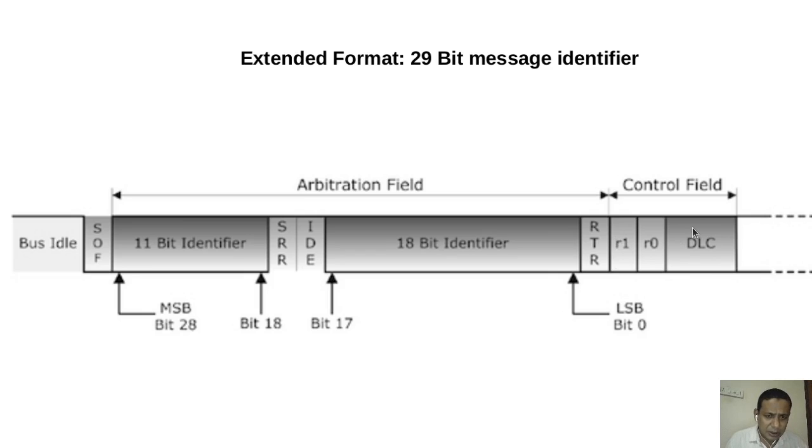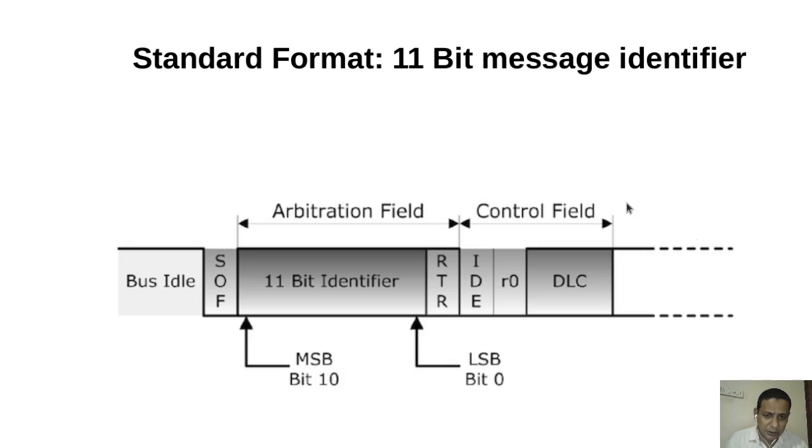And you see the control field of the standard frame format: DLC is there, R0, and here the IDE is there. This may change depending upon the value of this IDE. It will move from here.